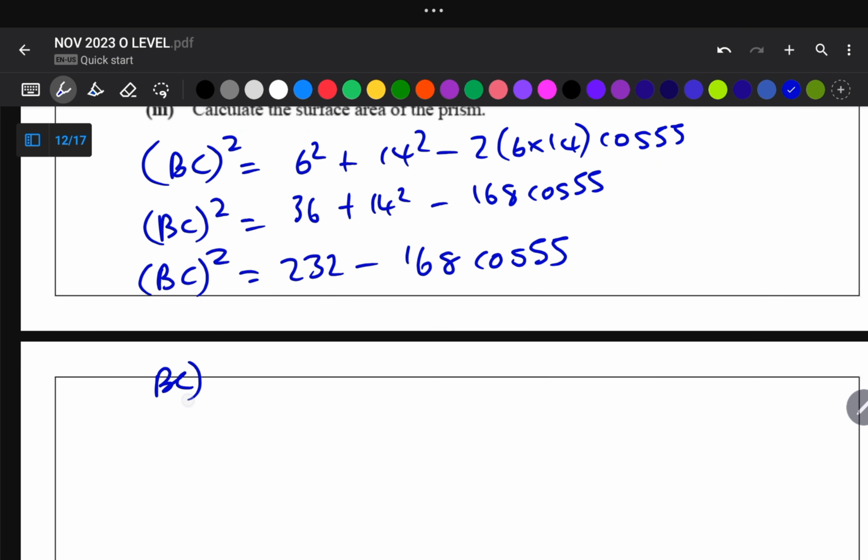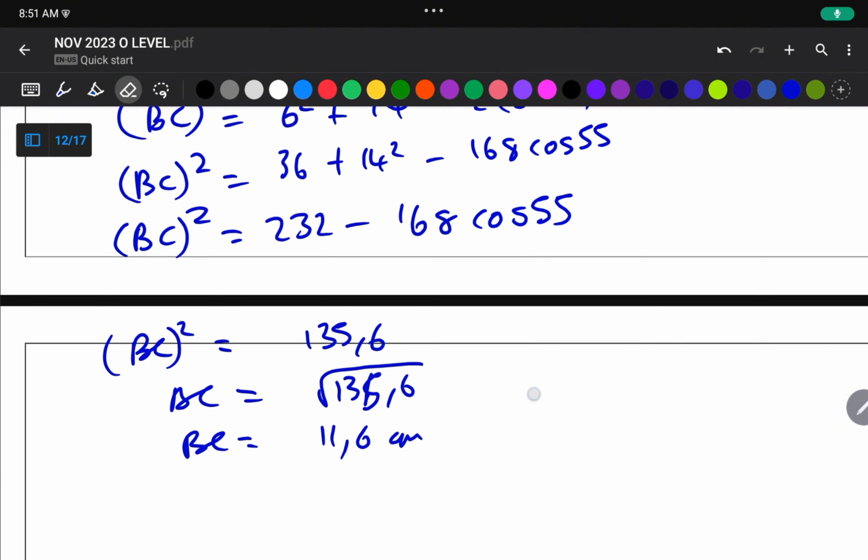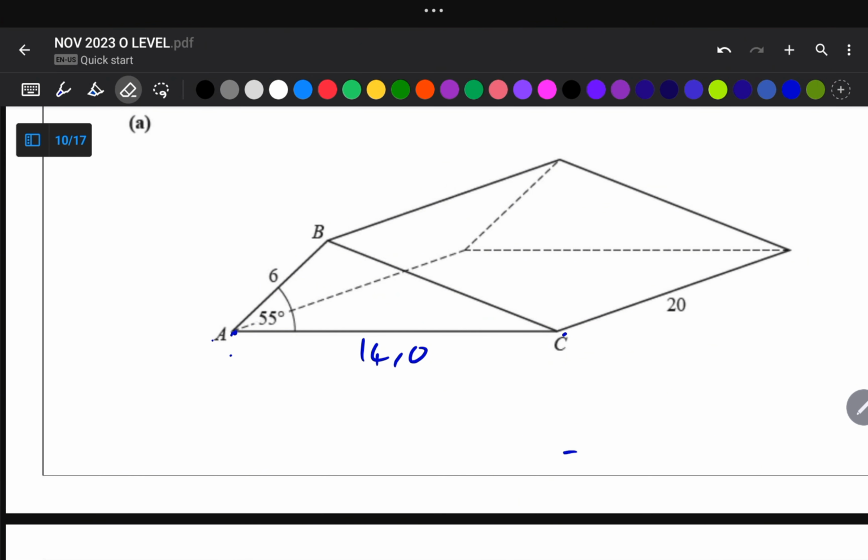Therefore BC squared is equal to 135.6, and BC is now equal to square root of 135.6. BC is equal to 11.6 centimeters. So we can label it here. Say it is 11.6 centimeters.